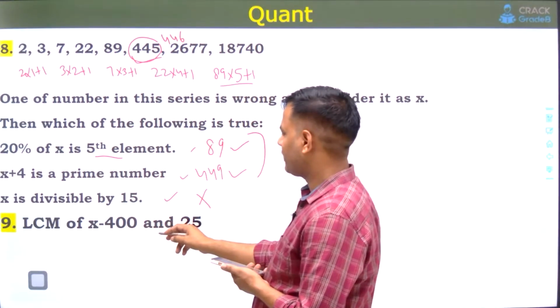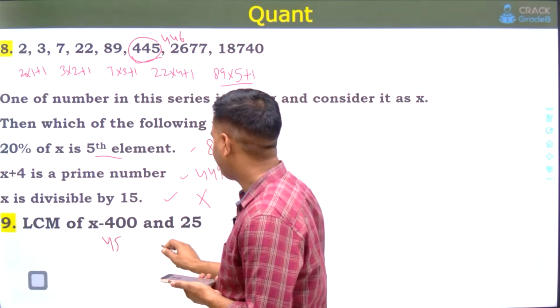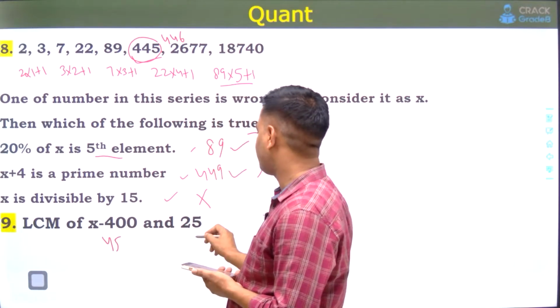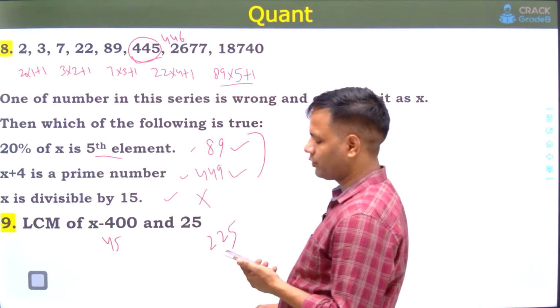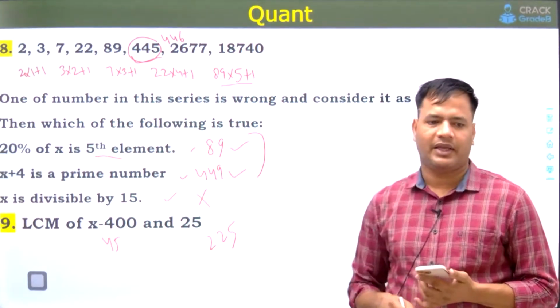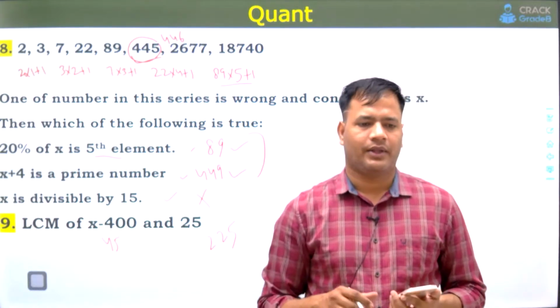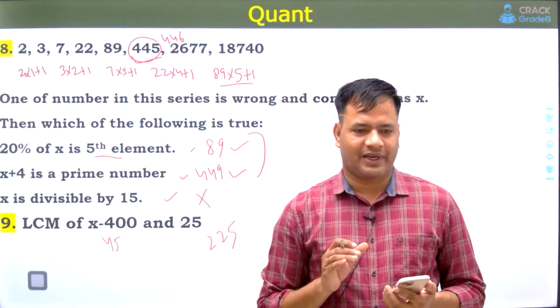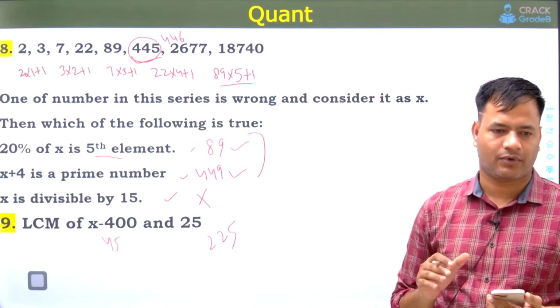LCM of x minus k 400. This will be 45 and 25. What will be the LCM of 45 and 25? 225. So actually in last year's quant and reasoning section also, question selection played a great role in your selection for phase 2.